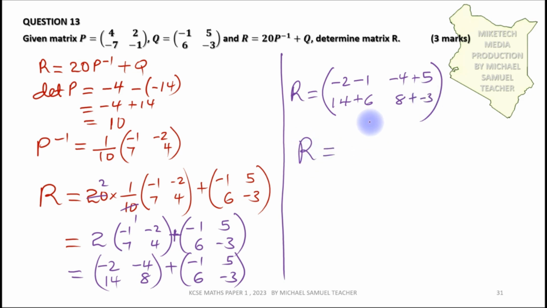So R will be, therefore, -3, then we have 1, 20, and then this is 5. So that is the matrix R.